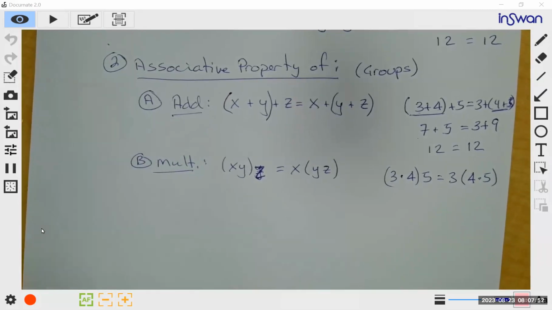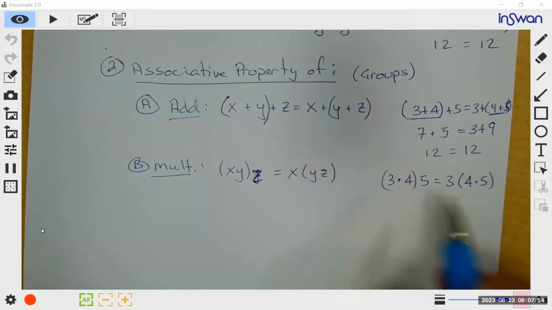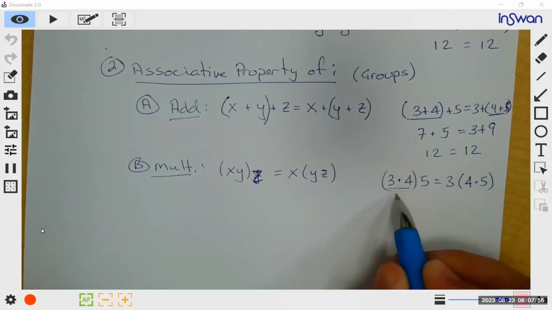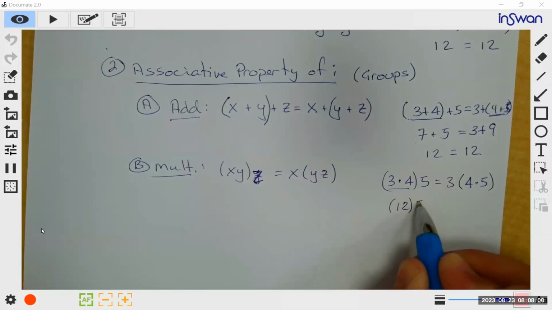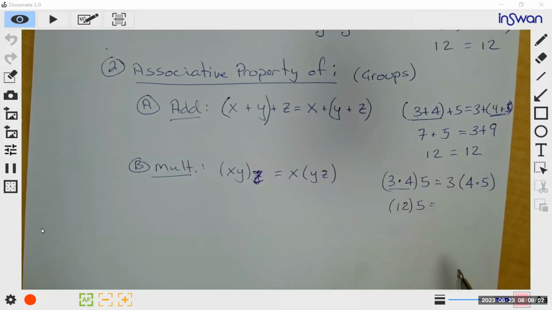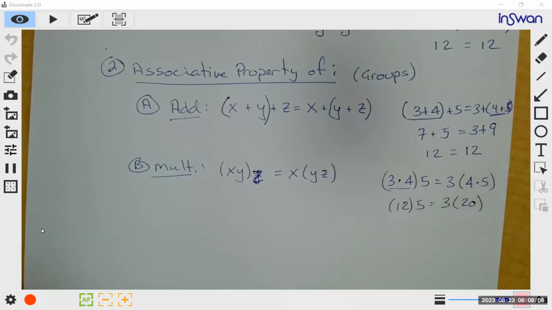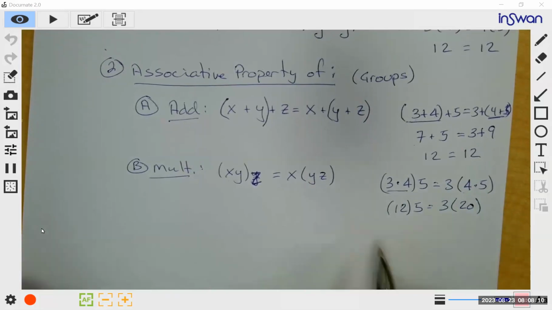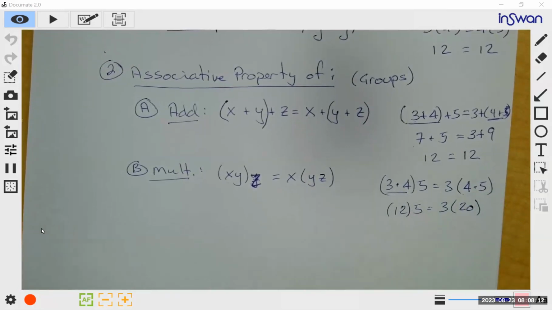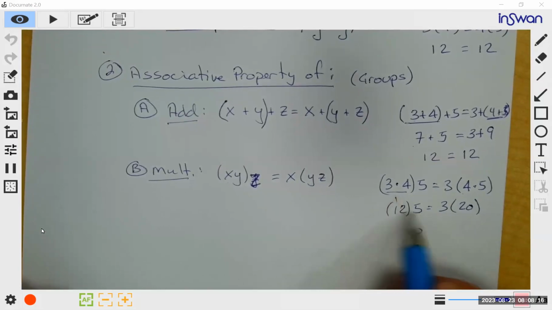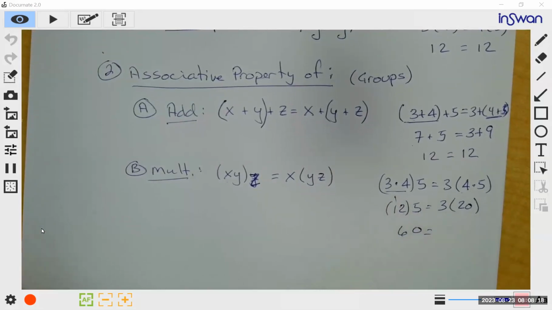Very much so. Because on the left-hand side, the first thing you have to do is inside the parentheses, 3 times 4 is 12, times 5. On the right-hand side, 4 times 5 is 20. The left-hand side, we have to do a lot of moving around. 5 times 2 is 10, carry the 1, and so on and so forth.